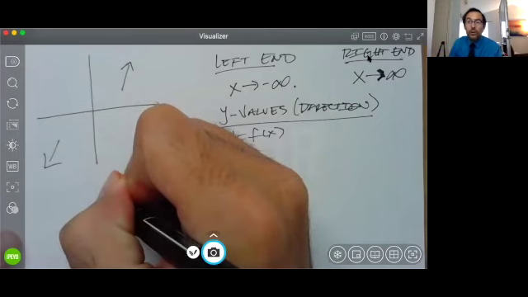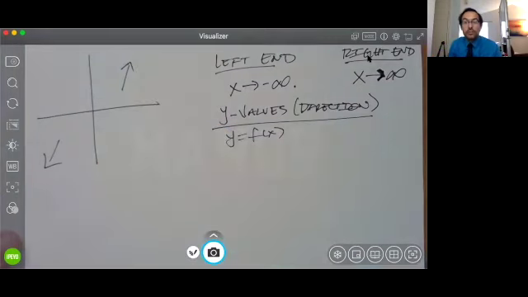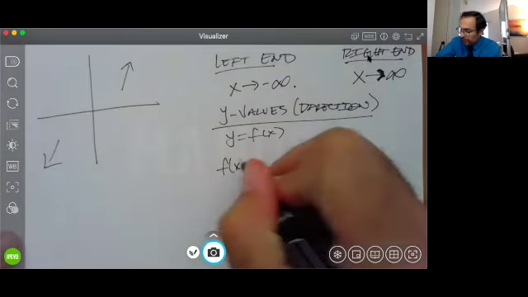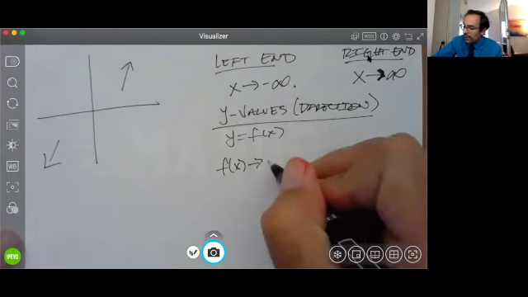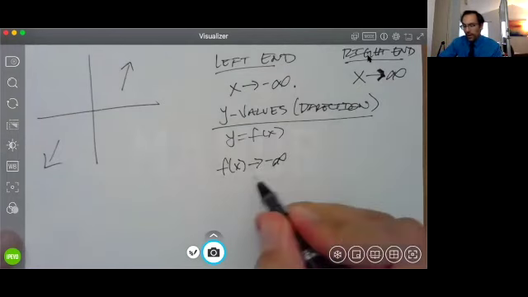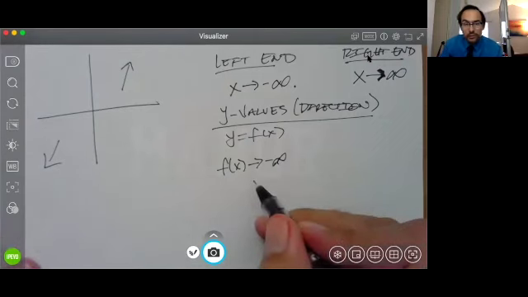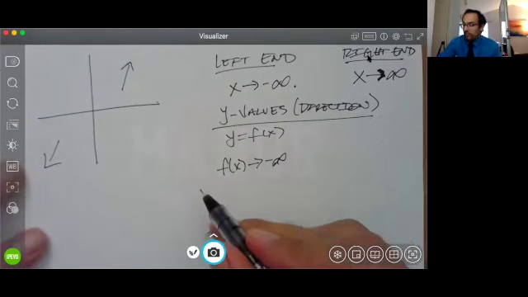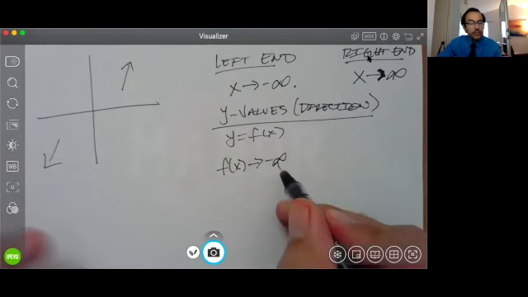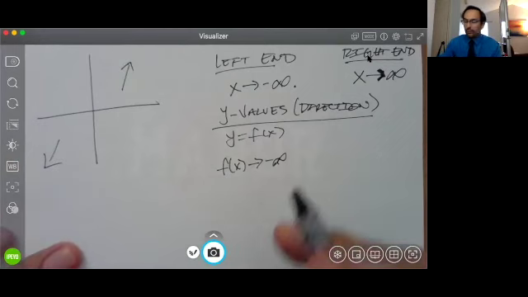The further I go down, the closer they get to negative infinity. They get smaller and smaller. So we can say f of x arrow negative infinity, which is the same thing as y arrow negative infinity. And remember that arrow means approaches. So for the left side, f of x approaches negative infinity. So we're not saying y goes down, but the left side goes down.